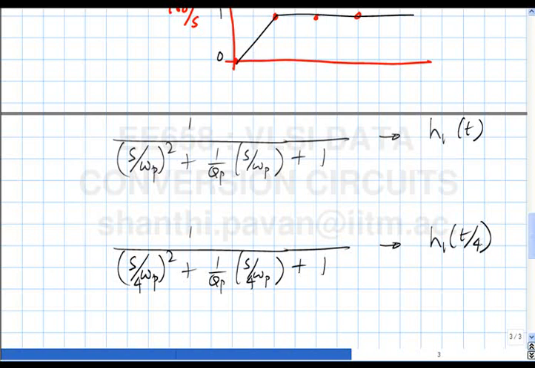I have scaled all quantities which have dimensions of time, reduced them by a factor of 4, which means that the impulse response will have the same shape except that it will be scaled in time. Does this make sense?